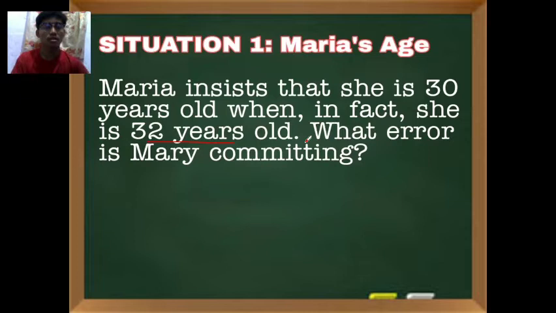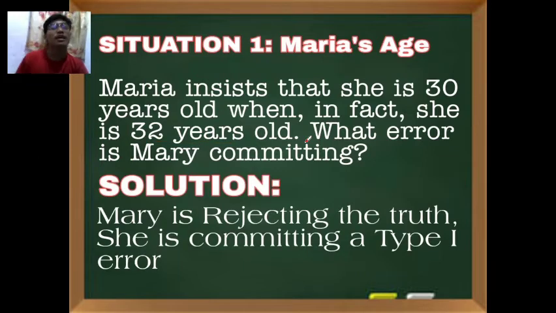If your answer is that she commits a type 1 error, you are correct. Why? Because she was rejecting the truth. What is the truth? That she is 32. And what did she claim? That she is 30 years old. So she is committing a type 1 error.